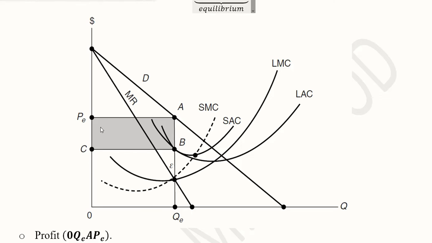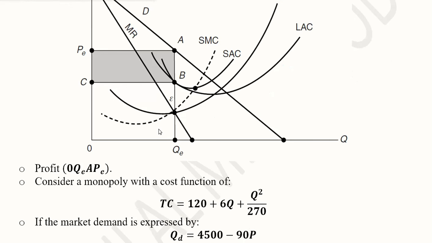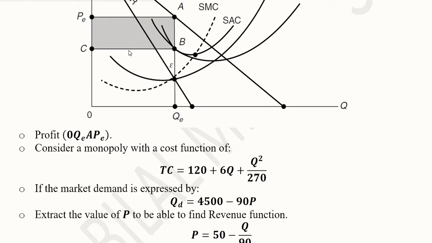This is the disparity between the two, the profit per unit, and this is the output that is being sold. So all of this brown or gray shaded area will become the profits of the monopoly, and you can see that it represents an abnormal amount of profit. So this is how it happens even in the long run as it happened in the short run. Here are the specific coordinates or vertices of the profit area.